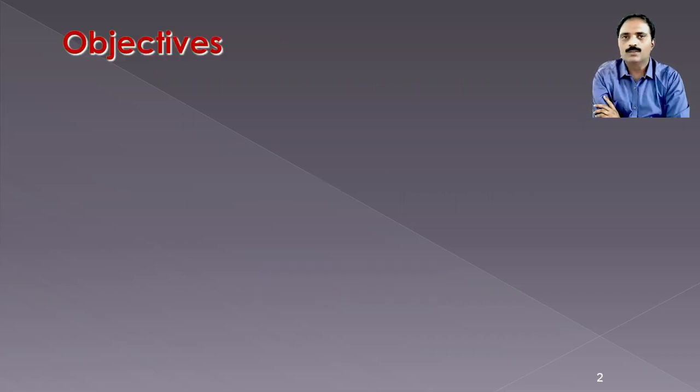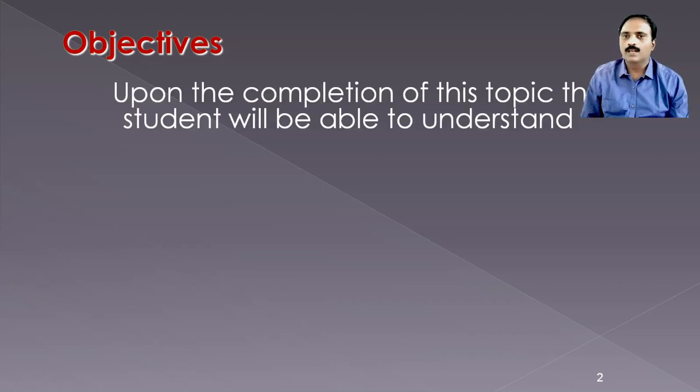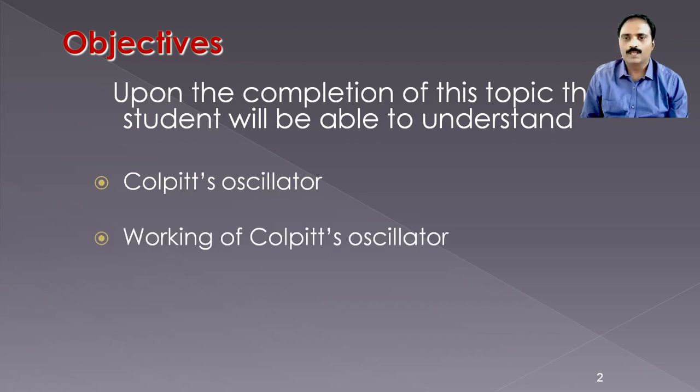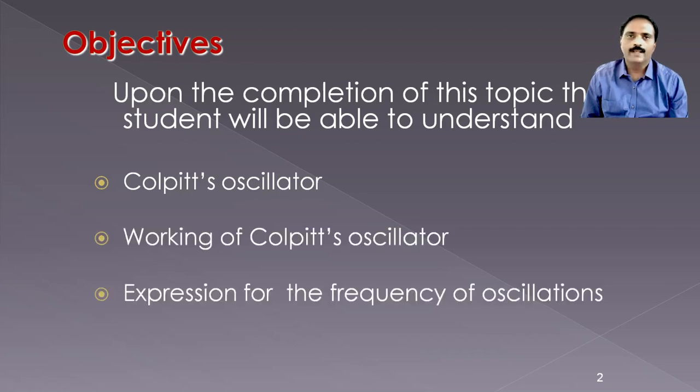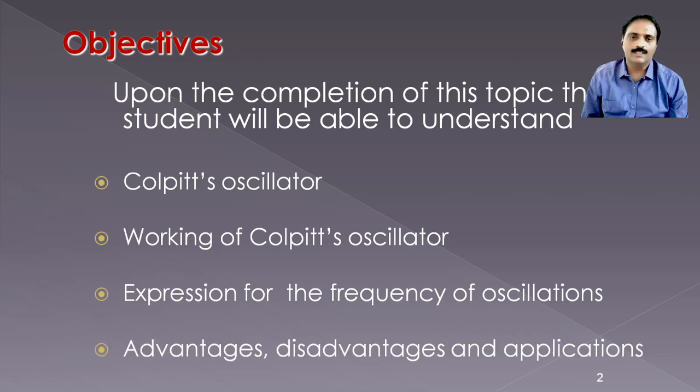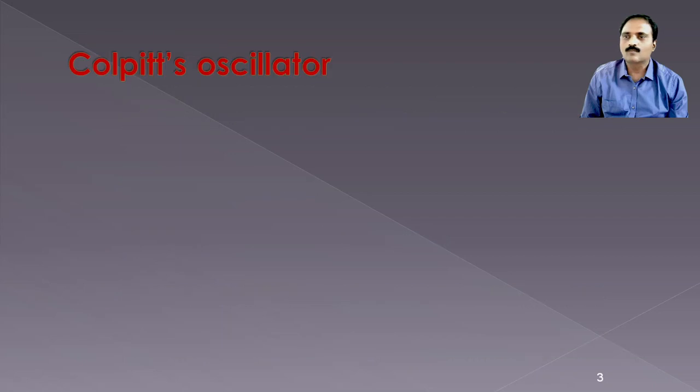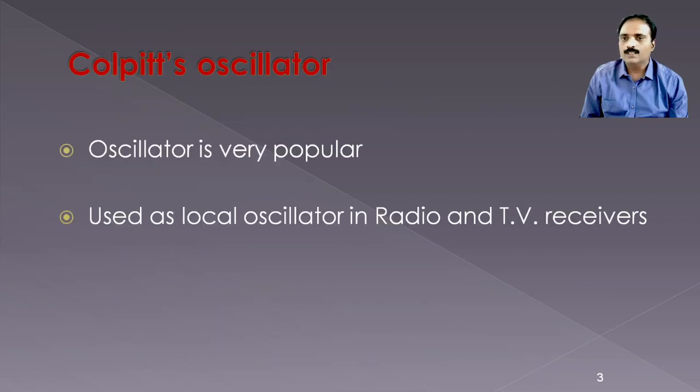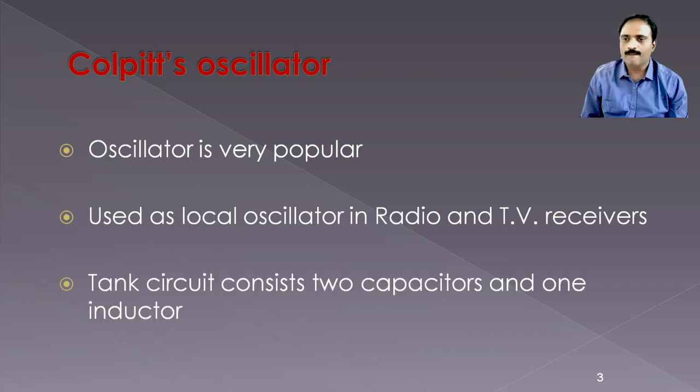First of all, let me go through the objectives. So the learner will understand what is meant by Colpitt's oscillator, working of it, and expression for the frequency of oscillations, advantages, disadvantages, and applications. It is very popular and generally it is used as local oscillator in radio and TV receivers.